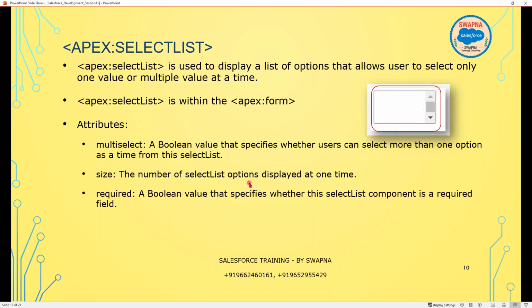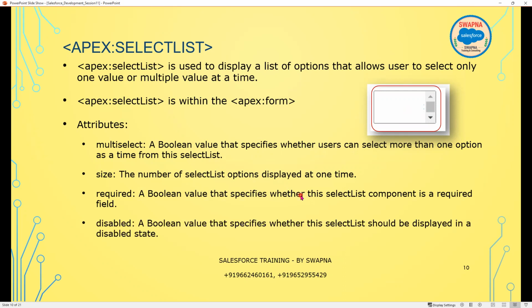The next one is called required. Required is if you want this particular select list to be mandatory before clicking on the save button. Disabled is in case you want the select list to be displayed, but it has to be disabled.